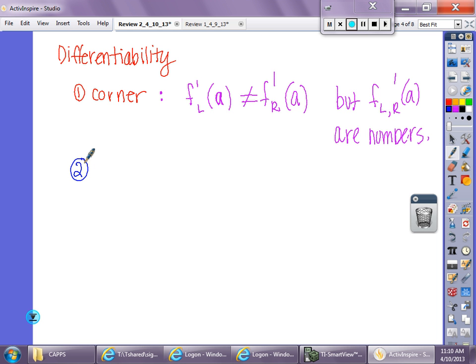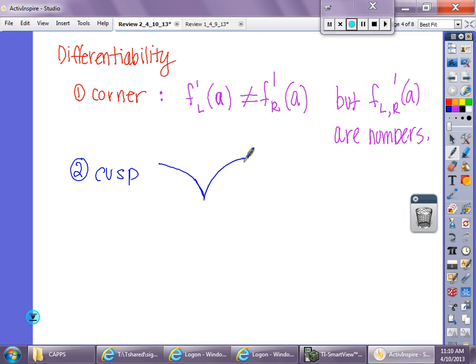So the next one is your cusp. So your cusp looks like this. So you should be able to tell that the derivative, right now, is it a positive derivative or a negative derivative? Negative. But then if I keep going like this, it becomes negative infinity.